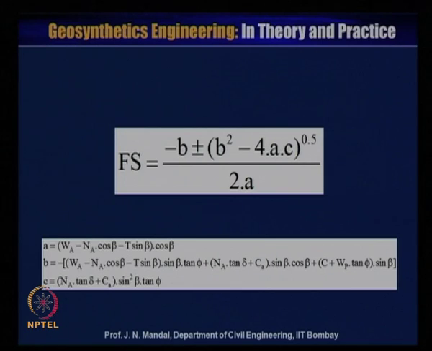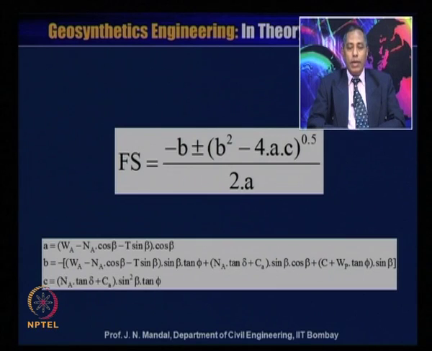Now, this factor of safety again will be equal to (-B ± √(B² - 4AC)) / 2A, where A is equal to (WA - NA) cos β - T sin β) cos β, B is equal to -[(WA - NA) cos β - T sin β] tan φ + NA tan δ + CA sin β cos β + C + WP tan φ sin β, and C is equal to (NA tan δ + CA sin² β) tan φ.